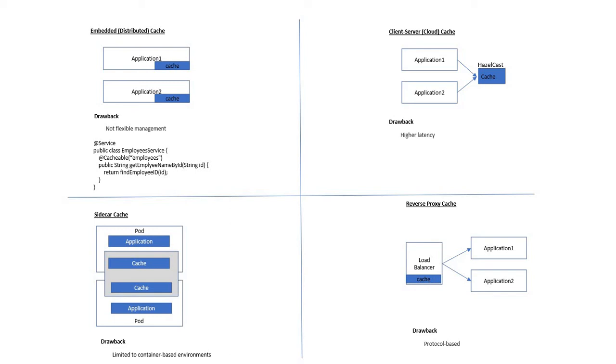The request will be served from the load balancer itself. That is another kind of implementation, but there are a lot of limitations. When a request comes in, at the request level itself you need to find the match. This approach is followed for certain use cases, but we cannot implement it for all use cases.